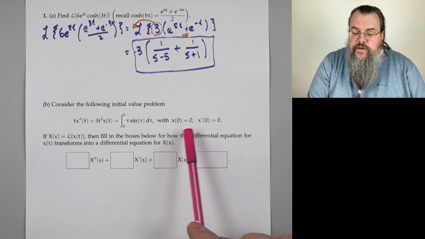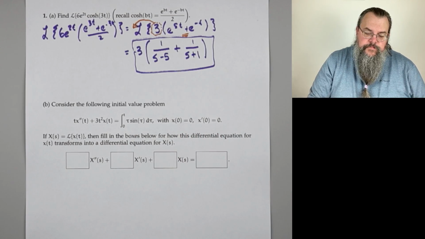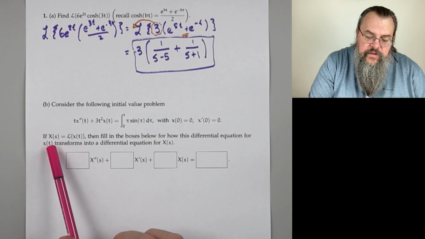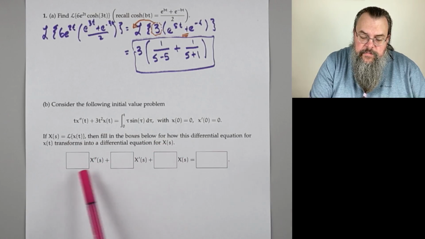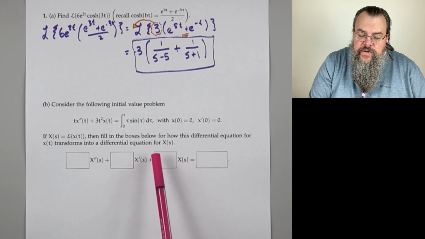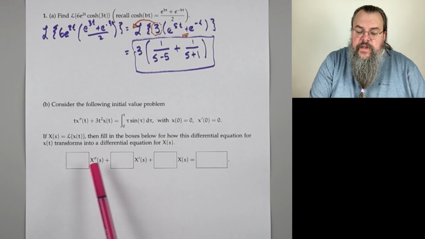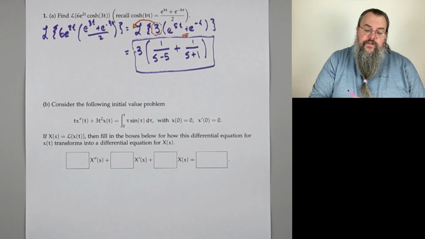X of 0 equals 0, x prime of 0 equals 0. All right. Now, what's going on? Well, it says if X of s is the Laplace transform of x of t, then fill in the boxes below. So we have boxes below for how this differential equation for x of t transforms into a differential equation for X of s. All right.